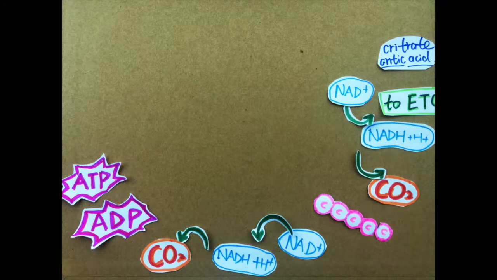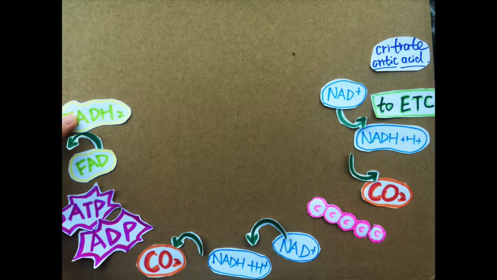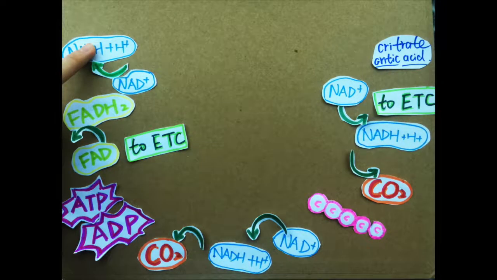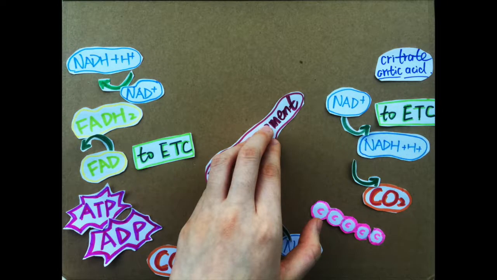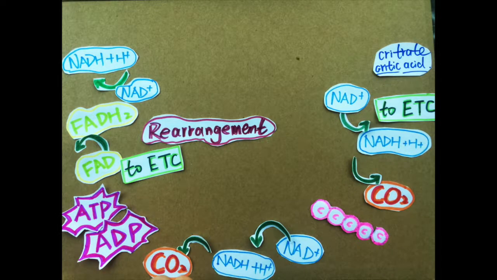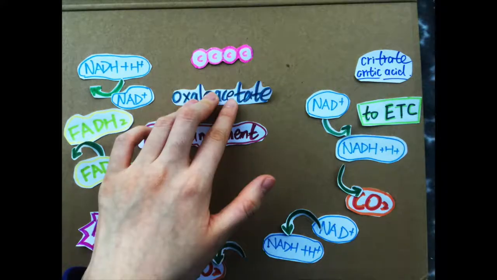It's called substrate-level phosphorylation. Then, a third NAD+ is reduced to NADH+, and FAD is reduced to FADH+ as well. After rearrangement, oxaloacetate, the starting 4-carbon compound, is regenerated by oxidation of malate.